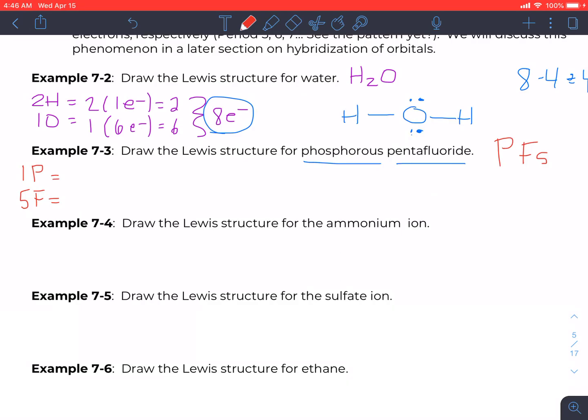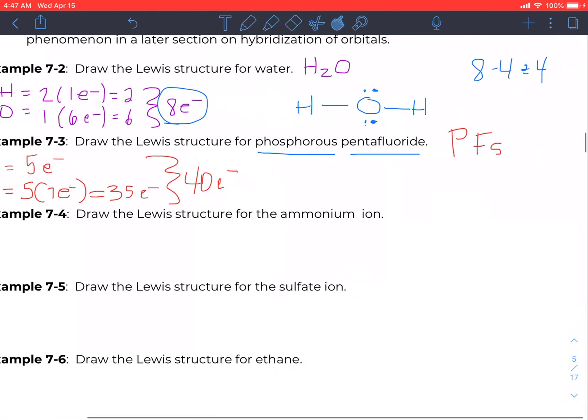Phosphorus is in group 5, so this has 5 electrons. Since there are 5 fluorine atoms, each having 7 electrons, I'm going to calculate that. Okay, this is 35. So total, I have 40 electrons that I can work with and distribute.